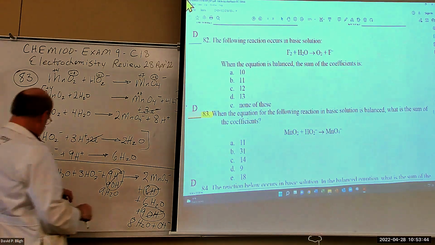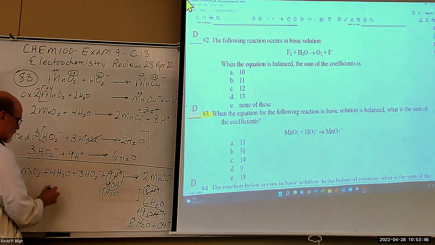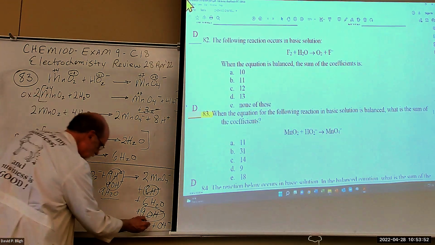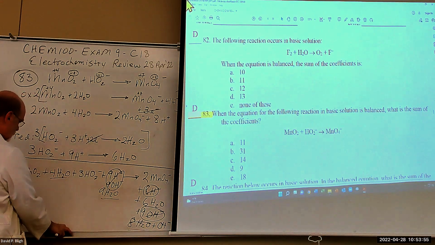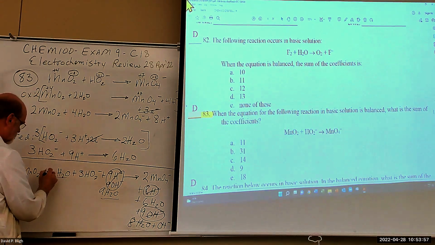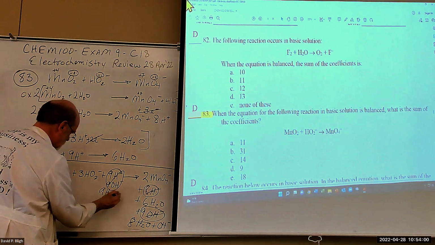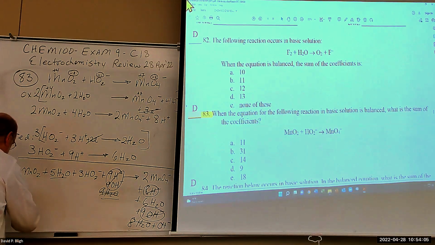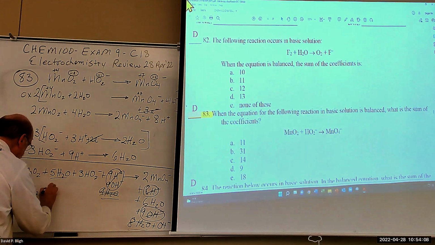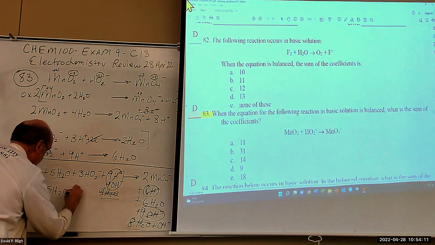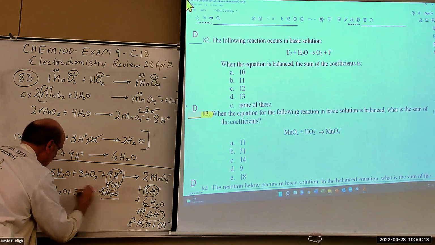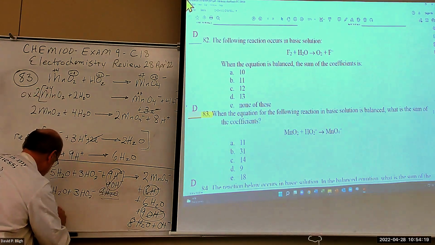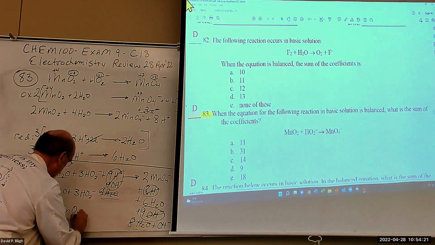We've got 9 plus 4 is 13 waters, and then 8 waters on this side. So all of these waters are gone, and we have 5 left over. Okay, so now we have 2 MnO2 plus 5 water plus 3 HO2 minus yields 2 MnO4 minus.